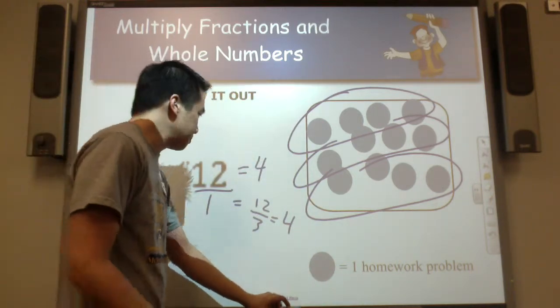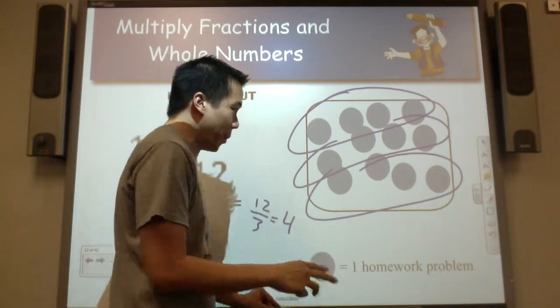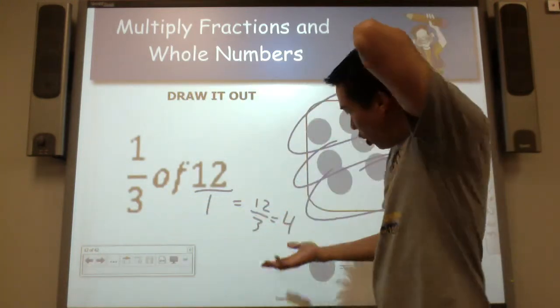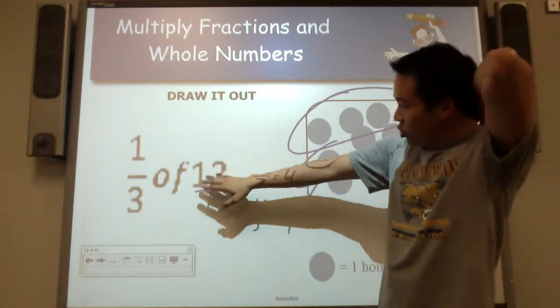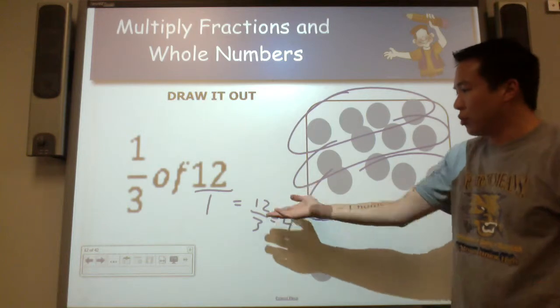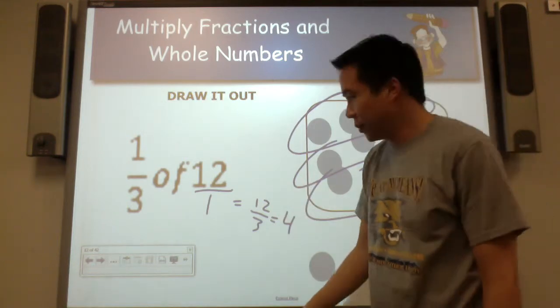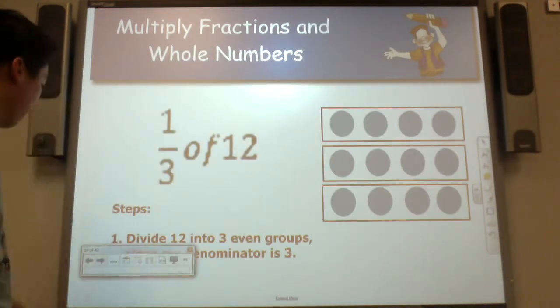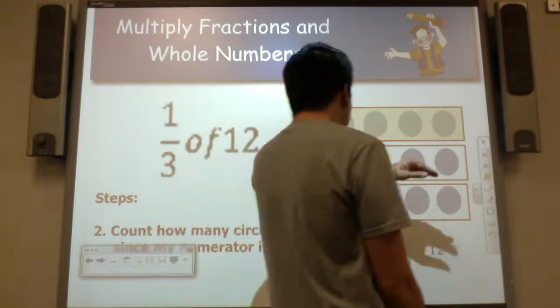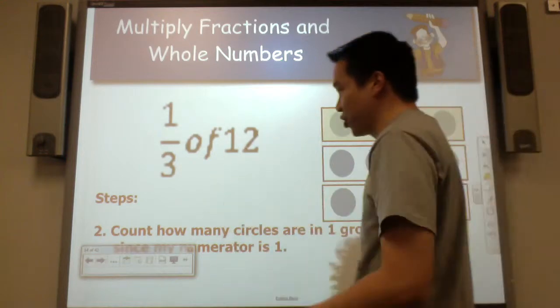So you can do it through modeling, if you like drawing and breaking them into groups, into thirds, or you can do it by turning this to a fraction and times away. 12/3 is really 4. Let's look at another example. And here's what they did. They had 12, and they broke it into thirds, and the answer is 4.